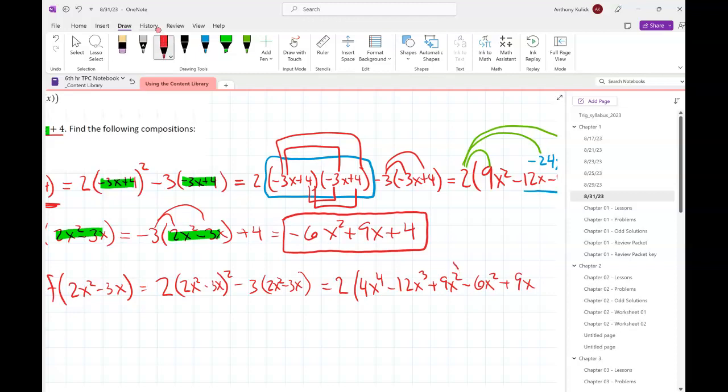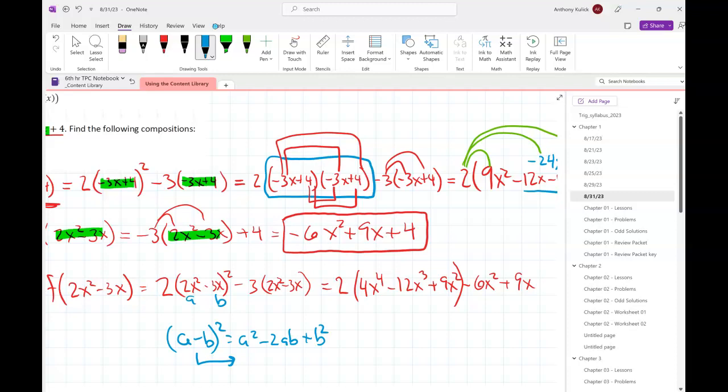Mr. Kulik, how did you do that so quickly in your head? Well, I'll tell you what I didn't do is I didn't actually FOIL this. What I remembered was from my Algebra 2 class, you guys would have talked about your perfect square factoring patterns. I used this formula to go this way, where this is like my A and this is like my B. So I just did 2x squared squared.